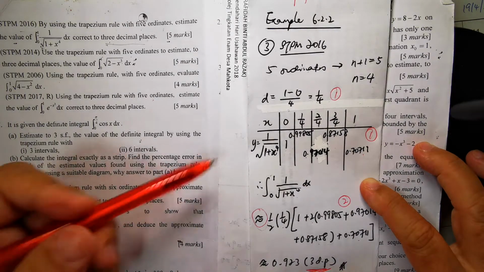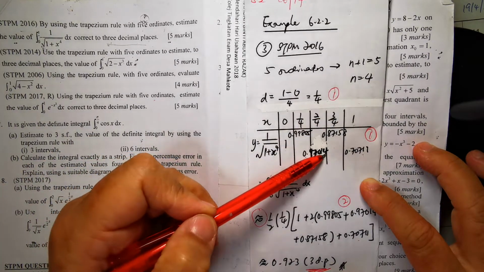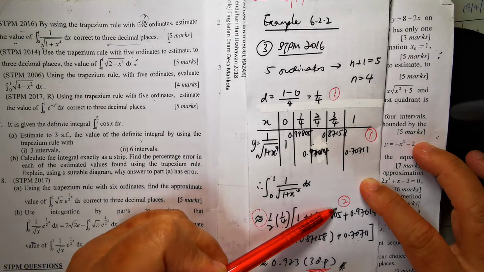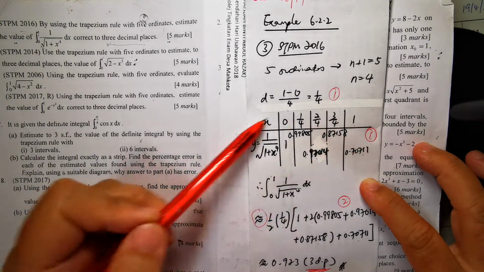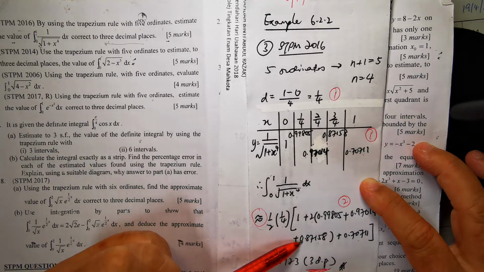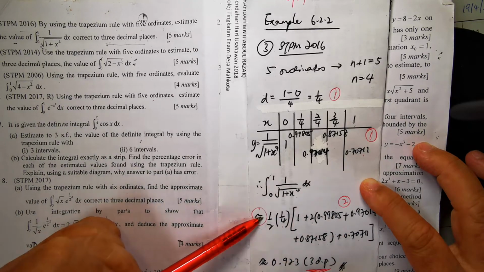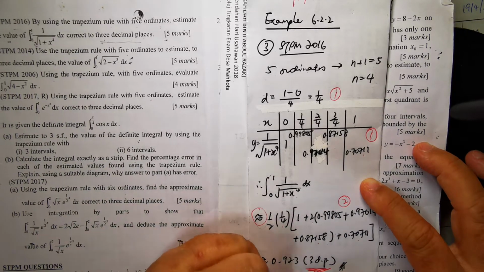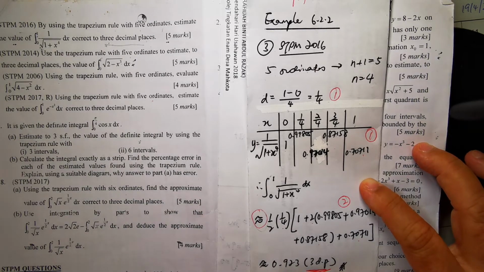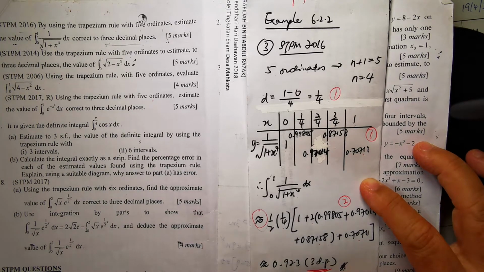It depends: if they give you 1 mark for the x, 1 mark for the y, then the formula 1 mark. If they just give you 1 mark for the table, then maybe here will be 2 marks. You use the trapezium formula correctly and the answer, 1 mark. See, this is how you can get your 5 marks. It's very simple and easy. Just follow the correct steps. Don't skip anything or write anything else.